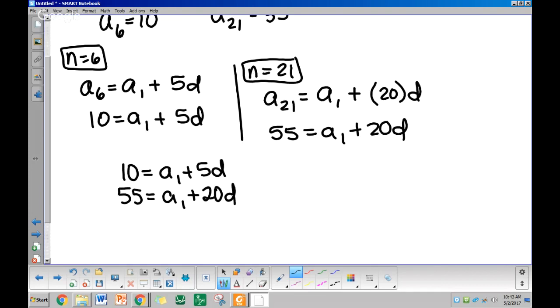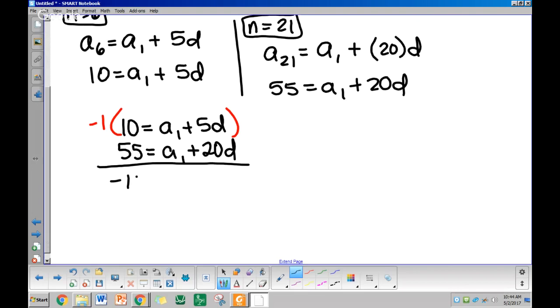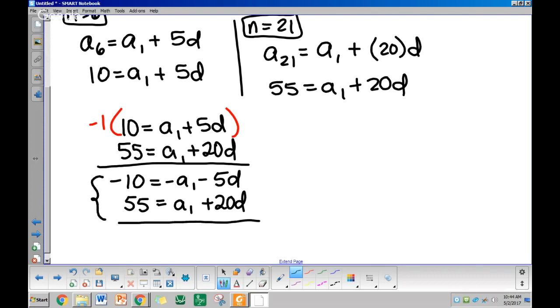And then I can take one of those equations and multiply it by -1. I'll just choose the first one. And we get -10 equals negative a sub 1 minus 5d. And then 55, I'm just rewriting it for ease of addition. And now we'll add them together.